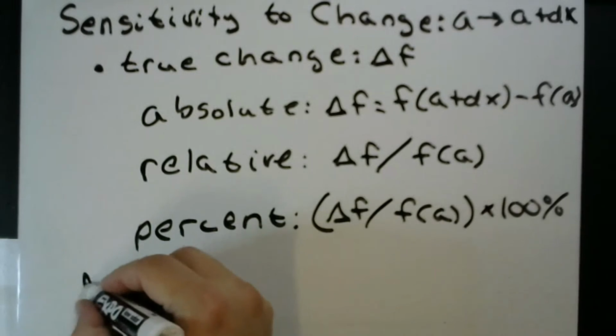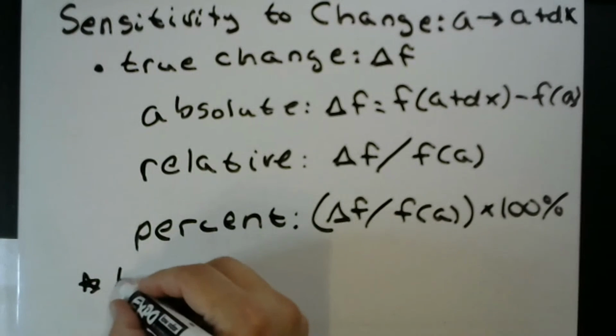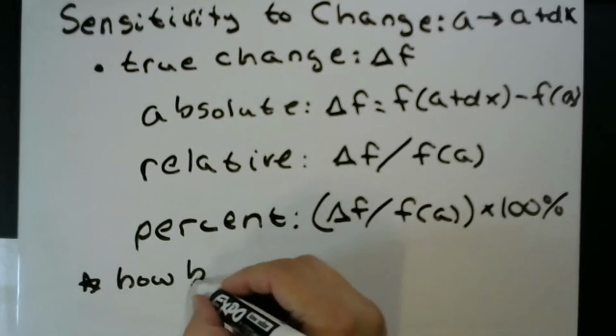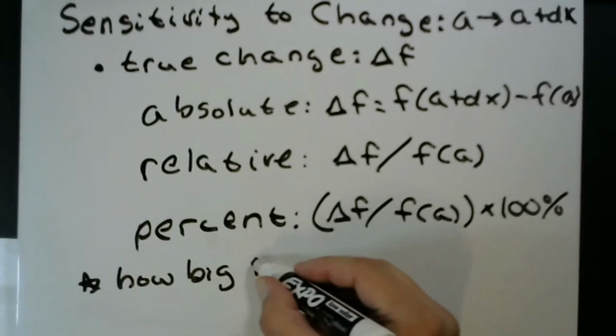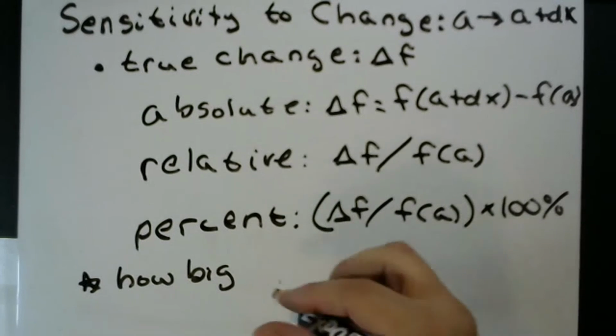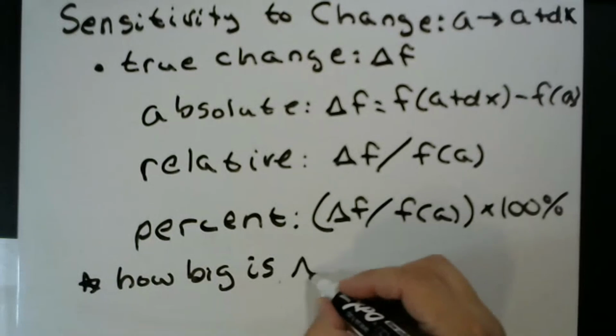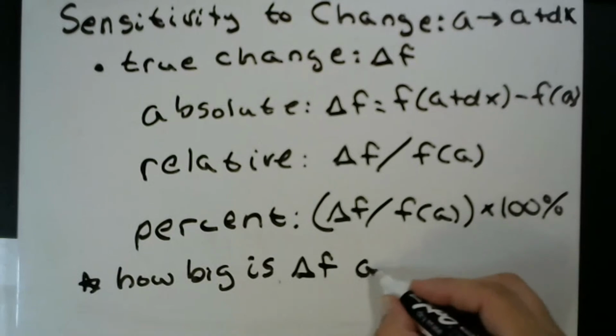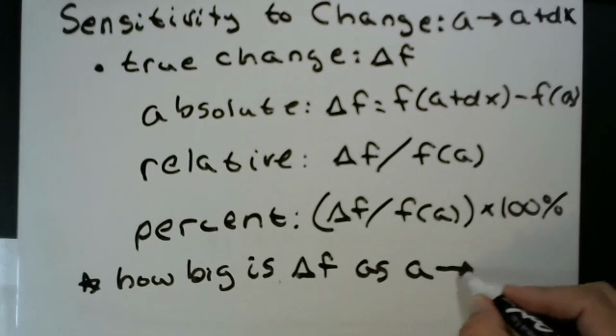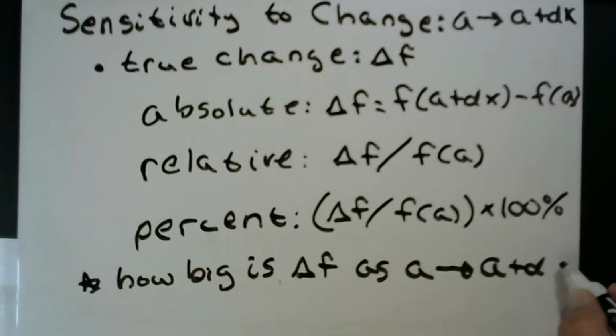Or to put it another way, how big is delta F as a goes to a plus delta x?